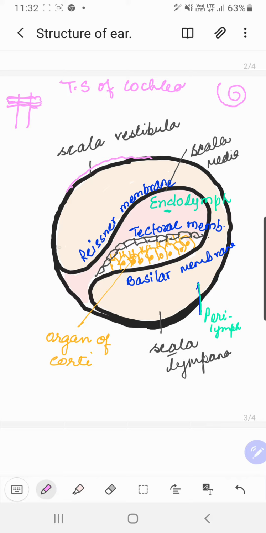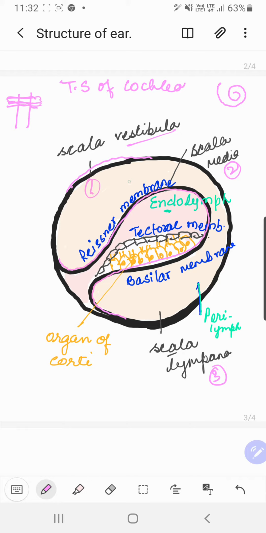Inside, you see the arrangement that the membranes have divided it into three compartments. See, this way, right? These canals are the scala vestibuli, the top one, the scala media, the middle one, and the scala tympani, the lower one, right?